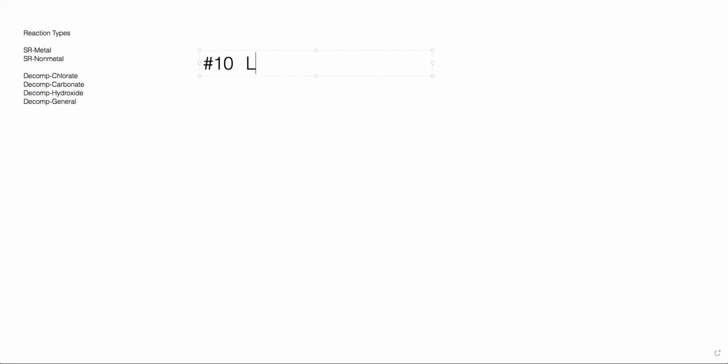Let's see what we have. We have lithium, and we have something else. We have Mg, NO3 on the inside. NO3 is always going to be a nitrate, and then we have a 2 on the outside. So we have two things, which means it cannot be a decomposition. It's going to have to be either a metal single replacement or a non-metal single replacement.